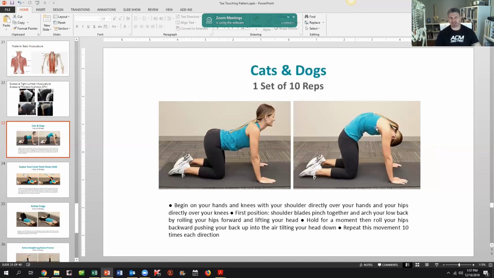But the cat and dog is one of my favorite go-tos for lumbar pelvic rhythm, and it's pretty much safe with just about anyone. You'll get a good assessment during this exercise as to how much lumbar pelvic rhythm a person gets. And regardless of how well it is, keep coaching them on establishing that lumbar pelvic rhythm. It should be a good indication. If they don't have that, how can you expect them to do anything else in your training if they haven't even established the right lumbar pelvic rhythm?